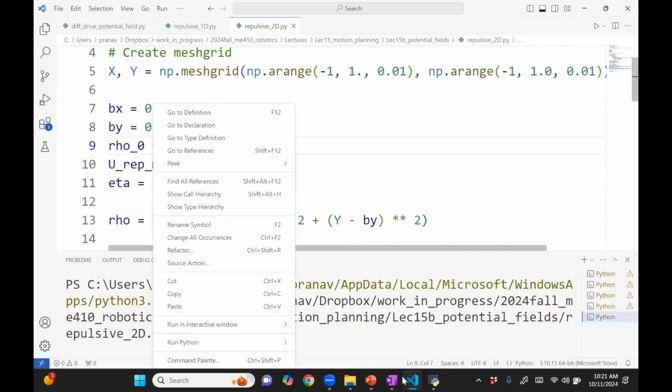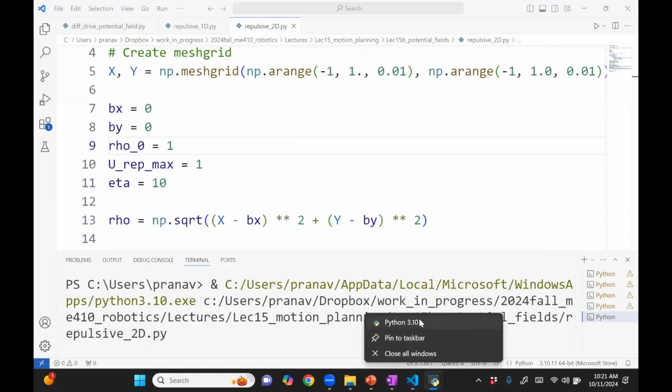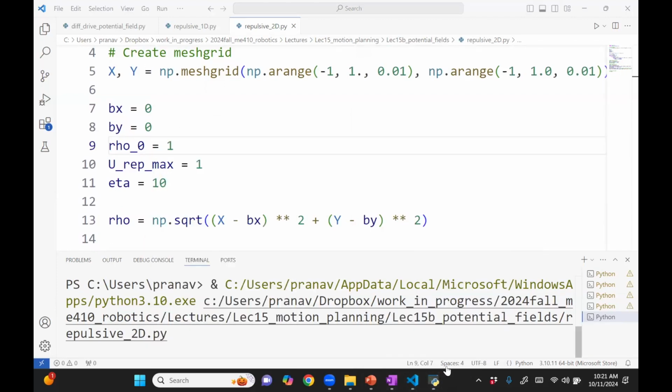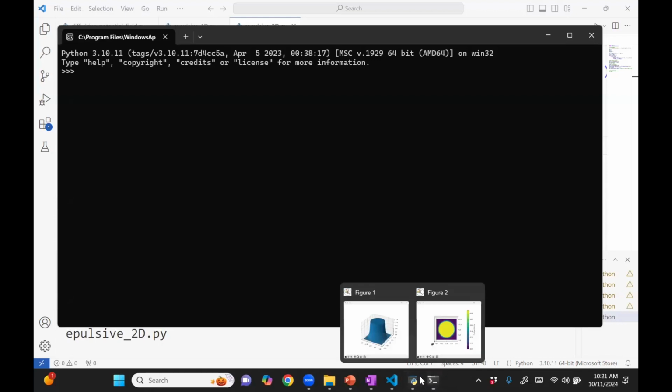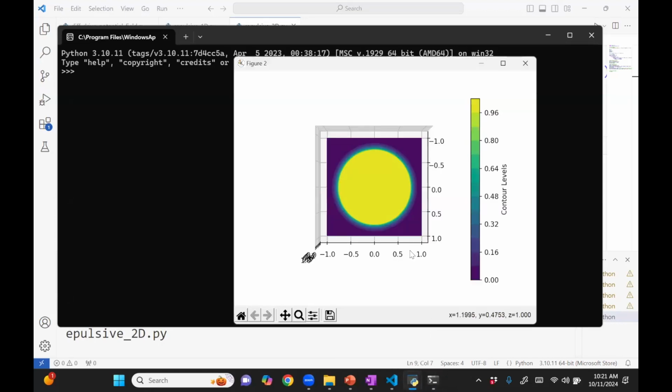Rho is 1. So once you start hitting a radius of 1, it should start spiking. So plus or minus 1, close to this, it starts spiking. It's a band you cannot see, but it spikes quickly.